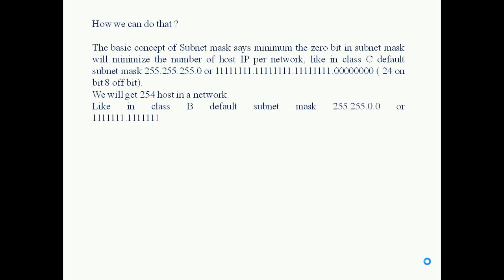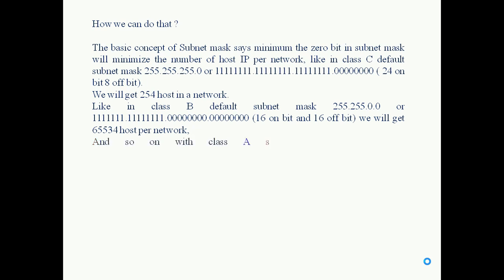Let's take another example. For class B, which provides us 65,534 hosts in a network from 16 off bits, 2 to the power 16 minus 2 will be 65,534 hosts per network, and so on. In class A, the subnet mask is 255.0.0.0, and in binary we can see that there are 24 off bits for host.